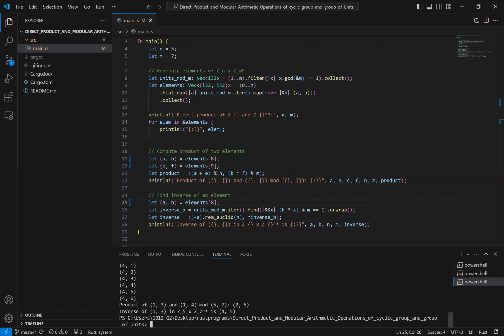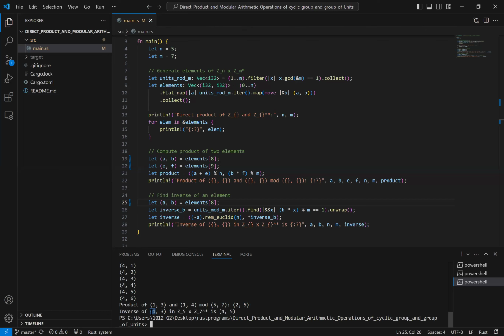The 9th element is this. 1 and 1 are from the additive group, so that gives us 2. 3 and 4 are from the multiplicative group, that is 12. Mod 7, that gives us 5. Is that okay?